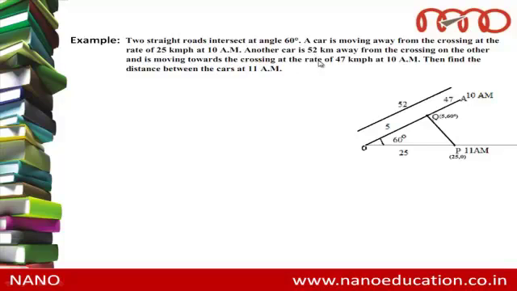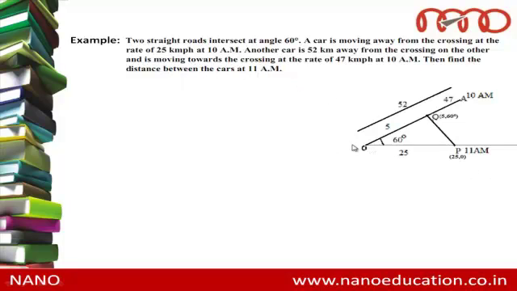Another car is 52 km away from O on the other road. So it is at the point A, which is 52 km away from O, and is moving in the direction towards the crossing. It is moving towards O at a rate of 47 kmph at 10 am. Then find the distance between the cars at 11 am.